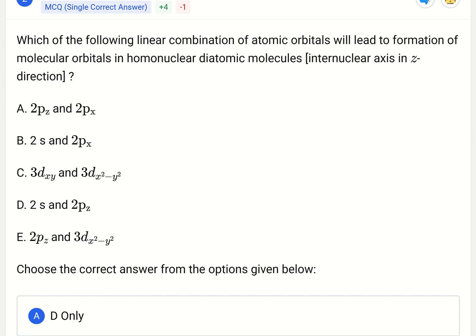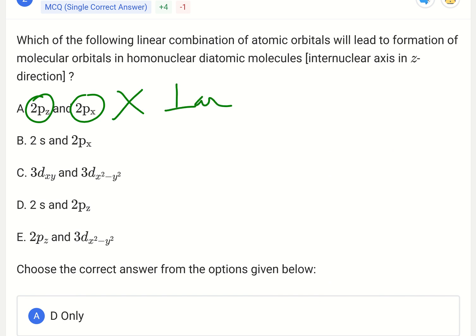Which of the following linear combination of atomic orbitals will lead to the formation of molecular orbitals in homonuclear diatomic molecules, internuclear axis in Z direction? Z direction everyone knows. I will not explain that thing. Now 2px, 2pz, they will not form. Why?